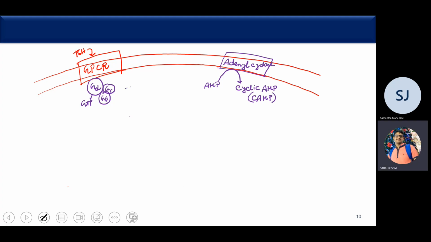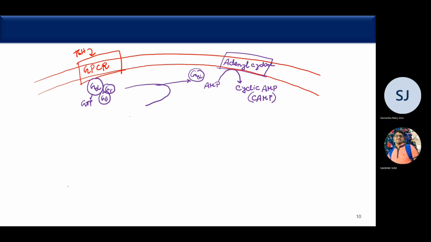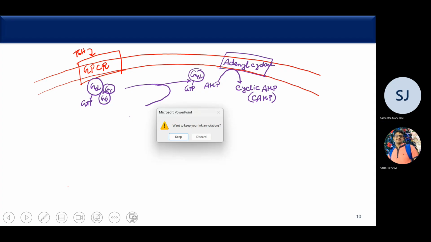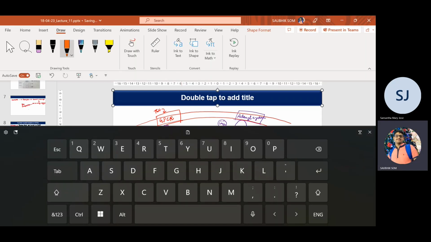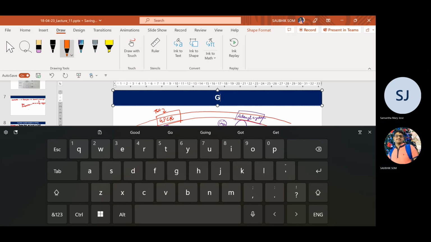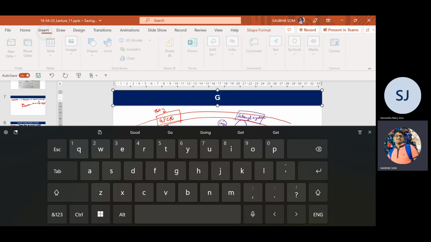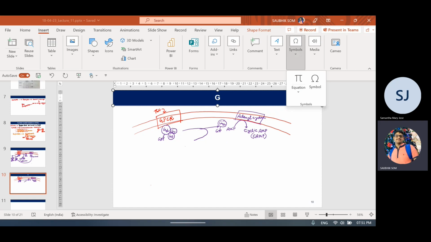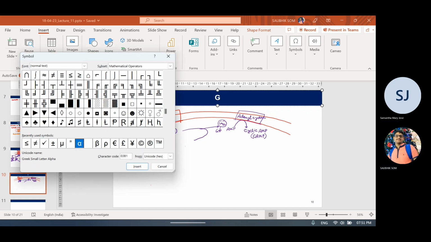Now what happens? So the activated G alpha GTP. By the way, I should write one thing here, I should insert symbols.